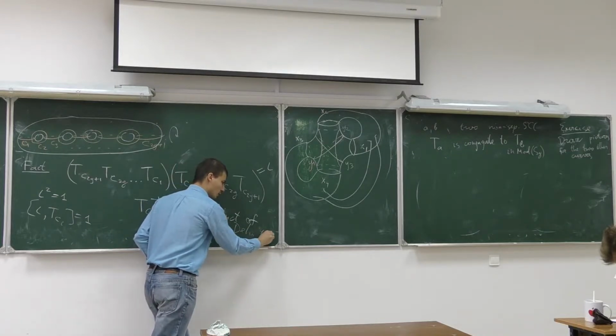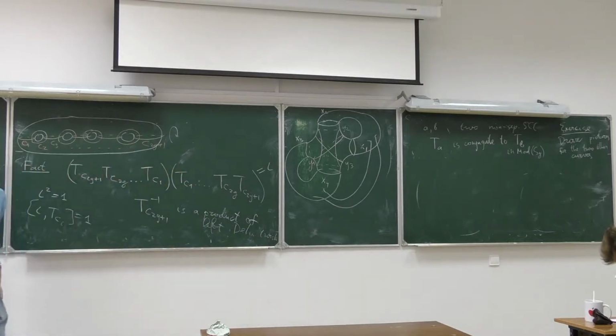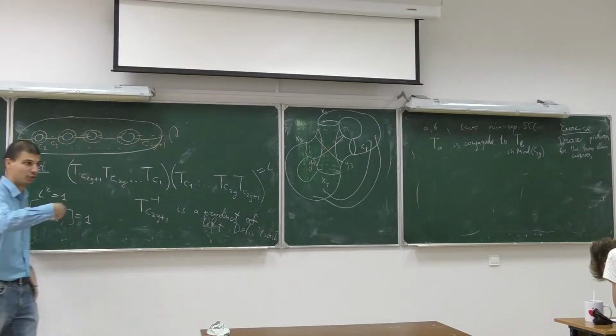So when we prove that Dehn twists generate the mapping class group, we in fact immediately obtain the following consequence, that any element can be written as a product of only left Dehn twists without inverses.